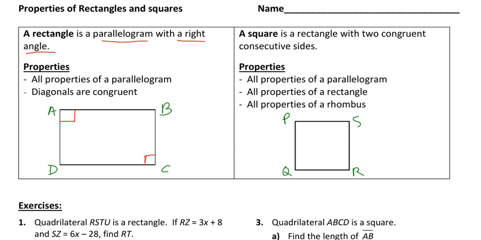And then we also know that in a parallelogram, any pair of consecutive angles such as A and D, or A and B, or B and C, or D and C, any pair of consecutive angles are supplementary. So that makes angle D, for example, also a right angle, because that's the only way to have A plus D equal to 180, because that is what supplementary means. It means that they add to 180.